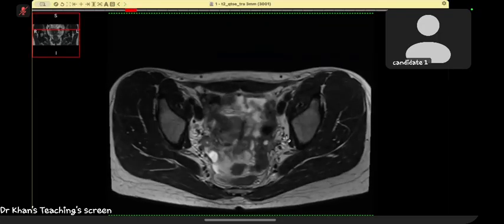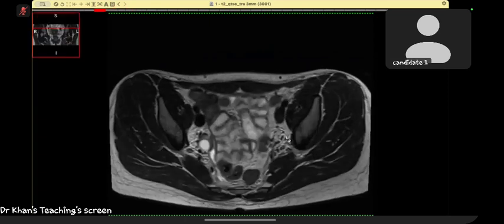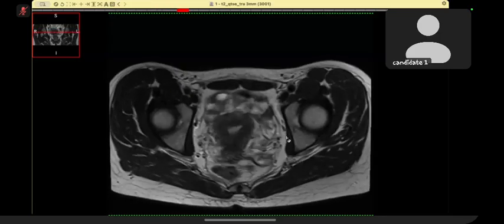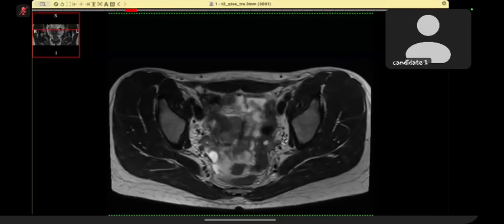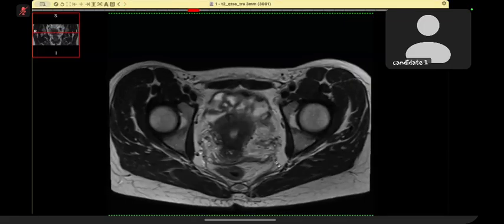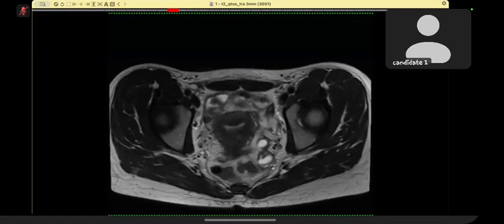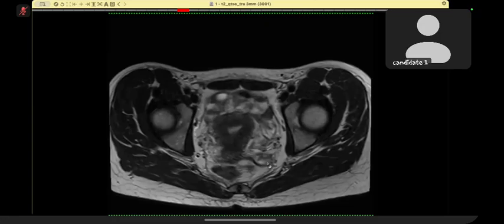In the adnexa, in one of the ovarian follicles, there is a fluid level noted on T2, and this could represent an endometriotic cyst.